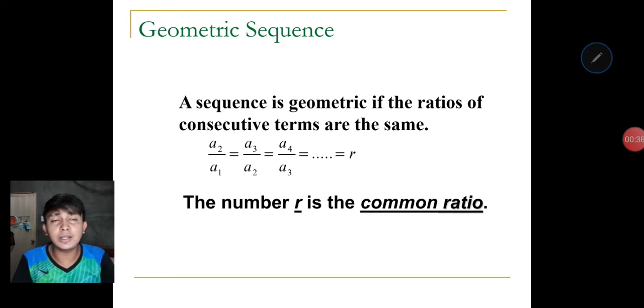So, katulad ng mga ginawa natin sa previous video, the second term divided by the first term should be equal to the third term divided by the second term, the fourth term divided by the third term, and so forth. And if they have the same ratio, that is what we call the common ratio, denoted by letter r.